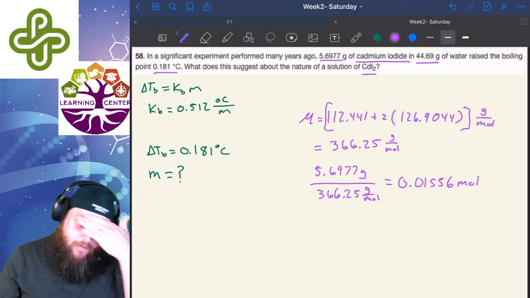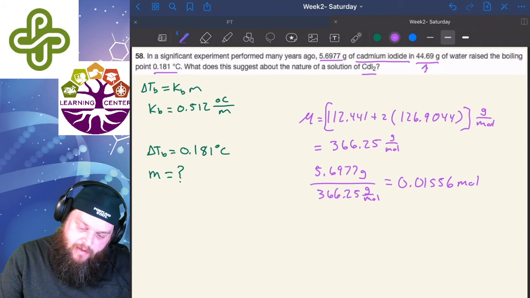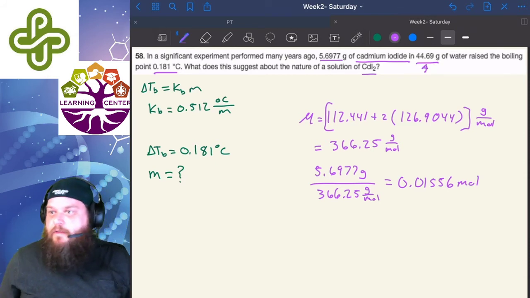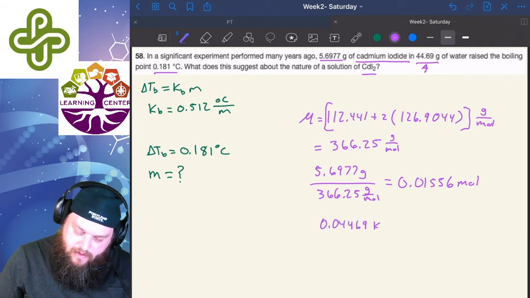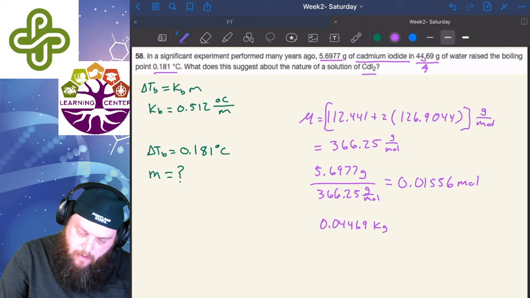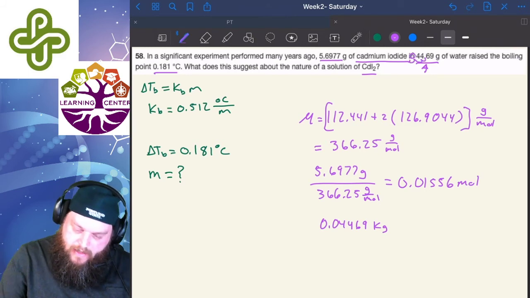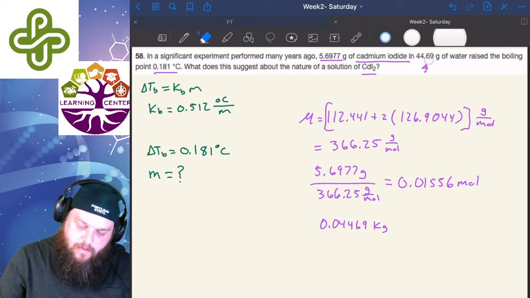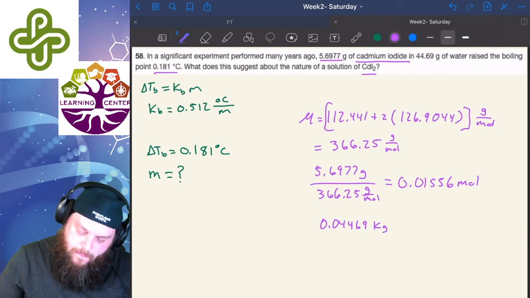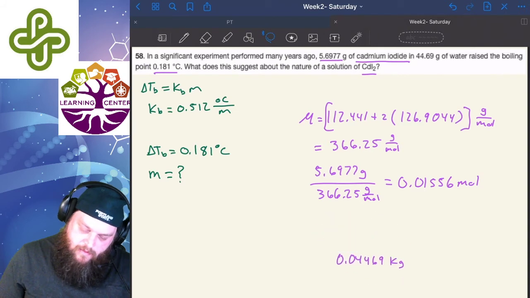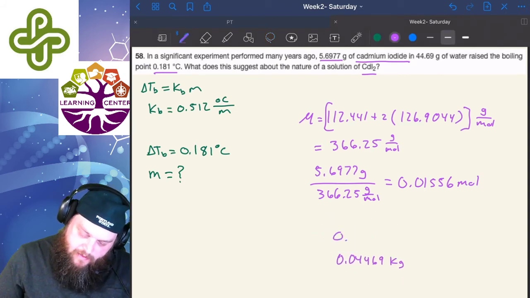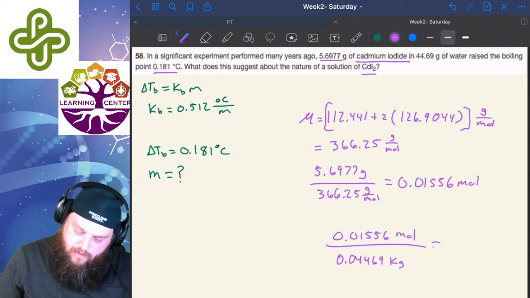Now that we have how many moles we have, we need to determine our mass of solvent in kilograms. So that's going to be 0.04469 kilograms, moving that decimal place over 3, adding in that leading 0. So we can utilize that, with 0.01556 moles above that, to find our molal.